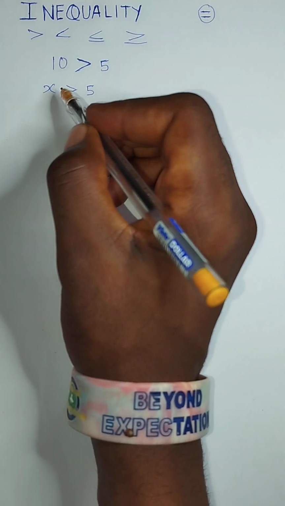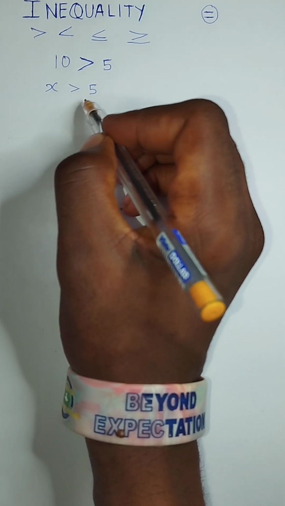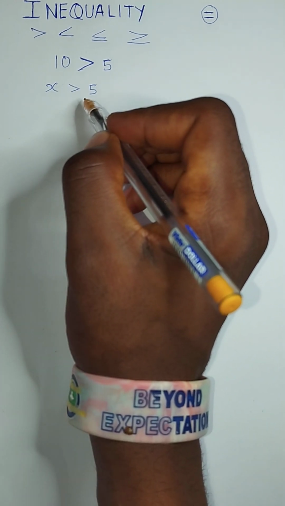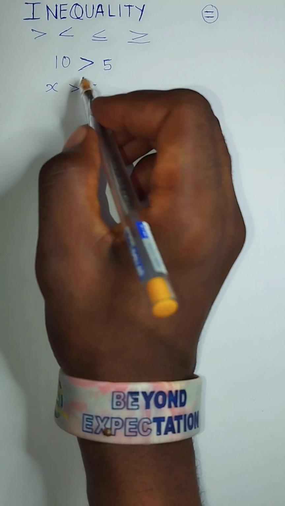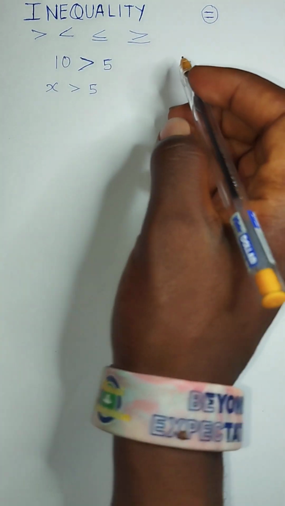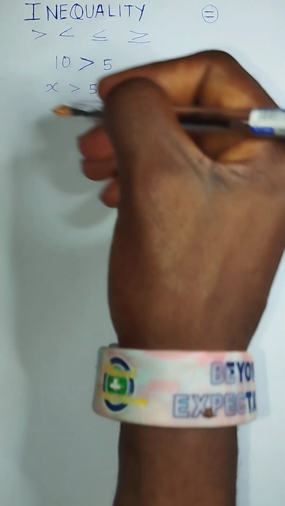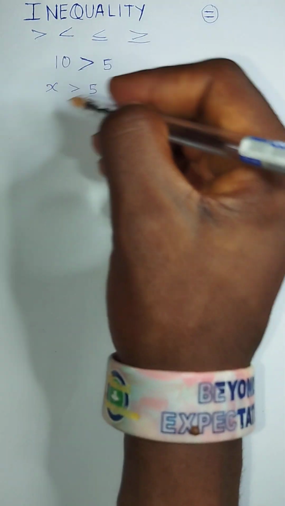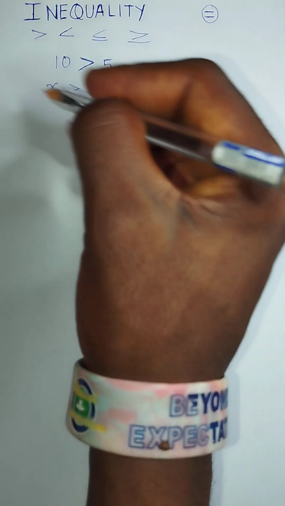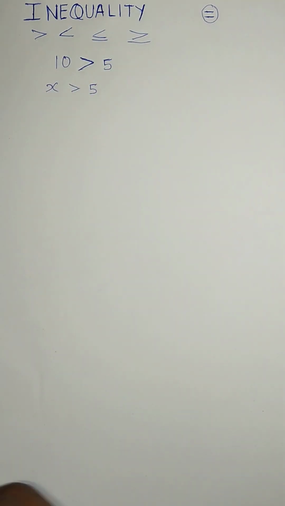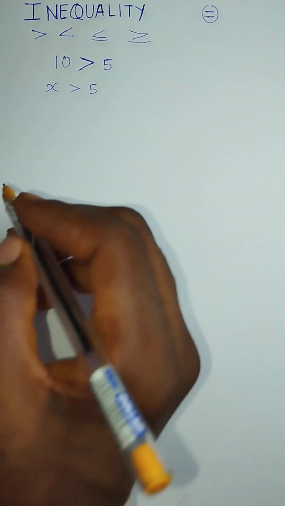Yes, we know the relationship between this x and this 5 on the right-hand side. So that is the importance of inequality. It helps us show the relationship between quantities or mathematical expressions or numbers that are not equal.